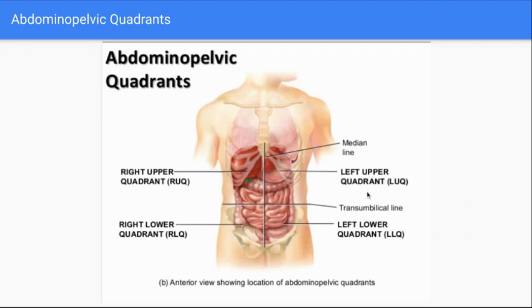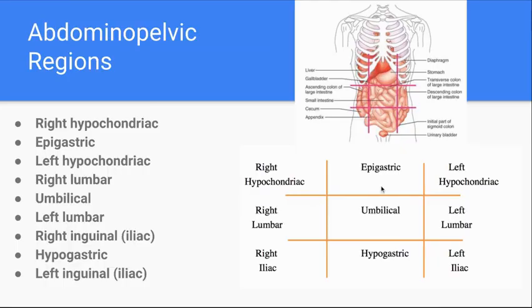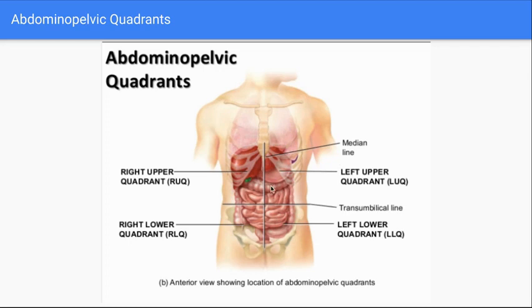And then the other thing that we might do is this: if there's more broad description needed of an area, say pain in it, this pinpoints it specifically somewhere in here. But if the pain is more broad, instead of 9 regions of the abdominopelvic, we can divide it just into 4.